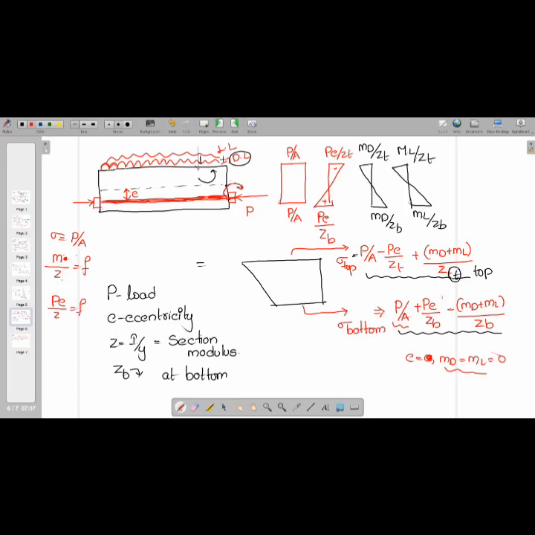Similarly, you will have moment due to dead load upon Z as bending stress, and moment due to live load upon Z as bending stress. Did I answer your question, sir? Is it clear? Okay.